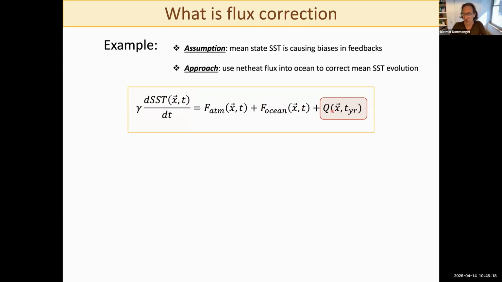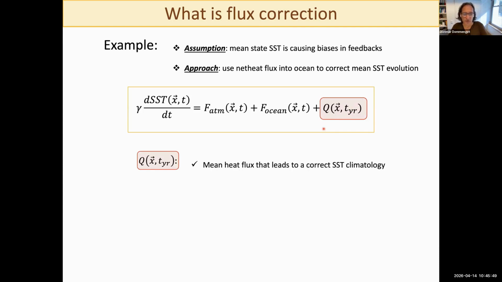And we are adding an artificial term, which we call a Q flux or a heat flux, that is a function of location, but it's not a function of time. It's a function of calendar year time. So what time of the year are we? If we are at a certain time of the year, you put a certain amount of heat flux into the tendency equation of your SST. So this is important: this is not a function of the current time. It's just a function of the calendar date in the year.